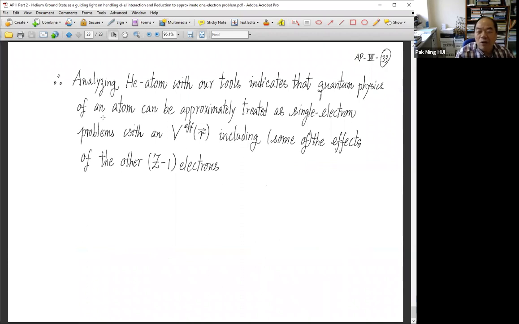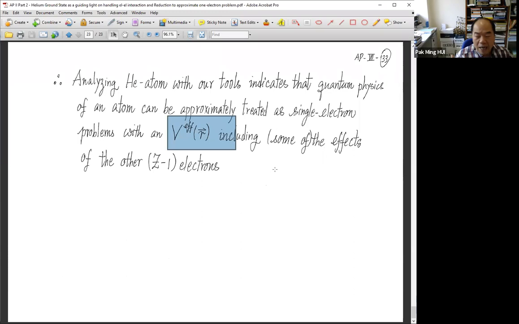At the end, although our discussion is only on the helium atom, I hope that you have a sense now that even for bigger atoms, it is possible to construct an effective potential due to n-1 electrons acting on one electron, and then we have an effective single electron equation to solve for the different states, 1s, 2s, 2p, 3s, those states for an atom.